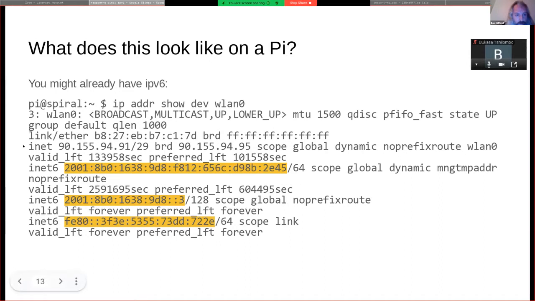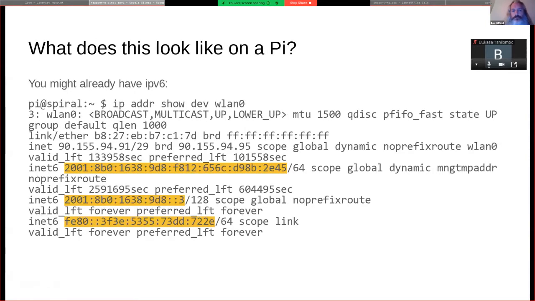And I'm not sure if you can see my mouse cursor, but there's inet 155.94.91. That's an IPv4 address that it happens to have here. And then these three highlighted ones are three IPv6 addresses, because there's so many IP addresses in the world in IPv6, it's quite common for devices to have several. And I'll explain where those three have come from in another slide.